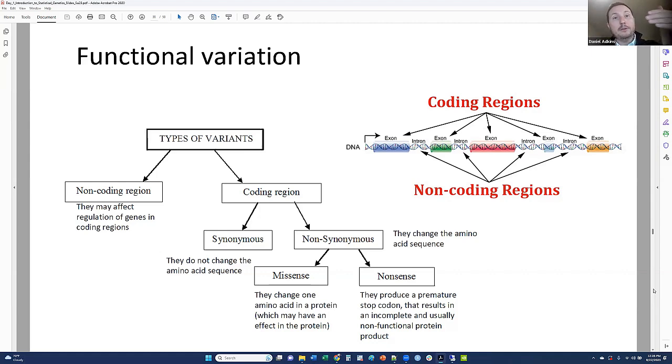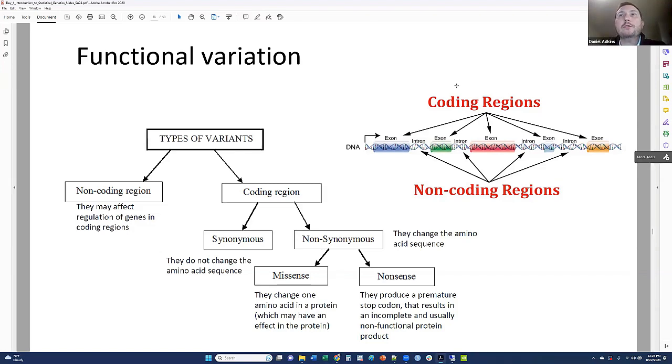They get transcribed into RNA, and then those RNA instructions are used to create the proteins. So if we have variants within genes, those can often have large effects on proteins. They can change what protein is produced, or in some cases, they can cause the protein to be non-viable, which is often quite bad.